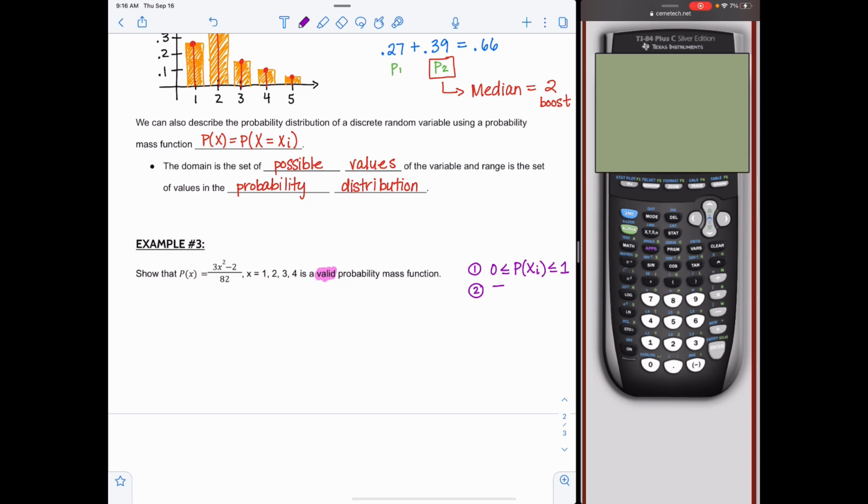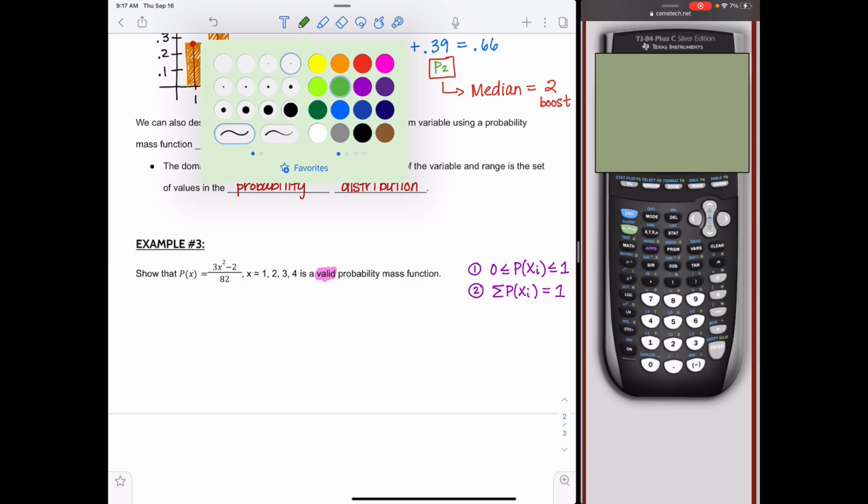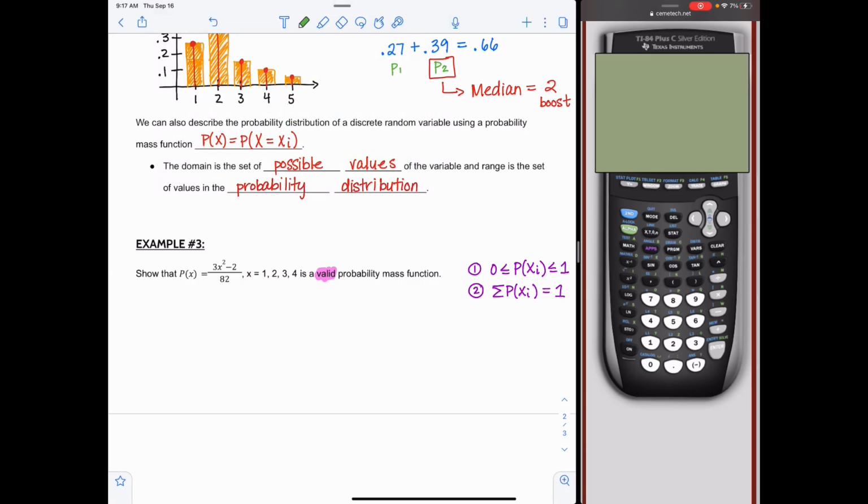The second condition is that we take the sum of those individual probabilities, and the sum of them should equal 1. All right, so those are our 2 conditions. All we have to do to figure out if this is valid or not is to make sure that both conditions are true. So let's do it.